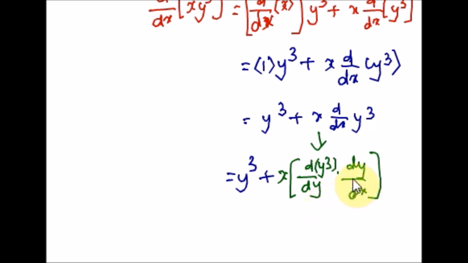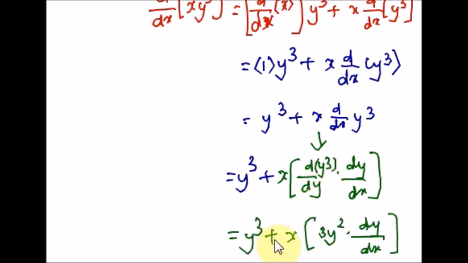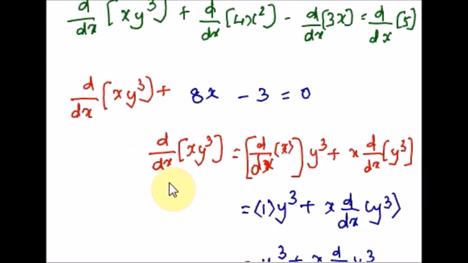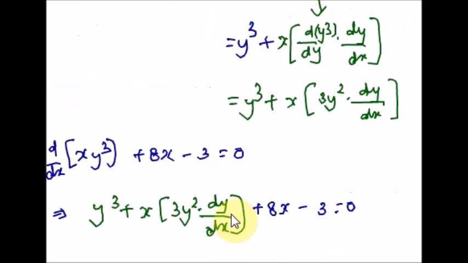Now d y cube over dy, this is 3y square. Am I right? Now substitute these found values into the first expression which we got before. Just plug in the values into the expression we got in this place. So we will get... now let us solve for dy over dx. First I'm going to shift 3 to the right side by adding 3 on both sides and subtract 8x from both sides.